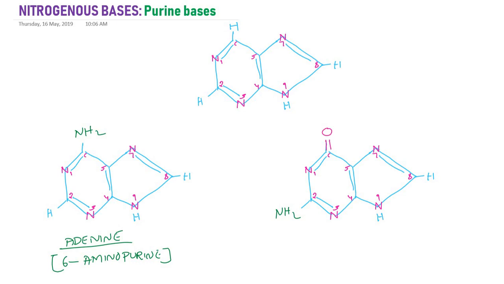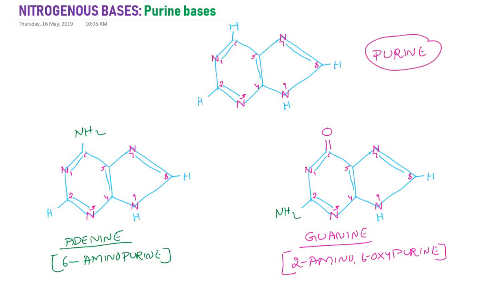So this will become our guanine. Now easily you can name this: 2-amino-6-oxypurine. So these two are purine nitrogenous bases which are present in nucleosides, nucleotides, nucleic acids, DNA and RNA.